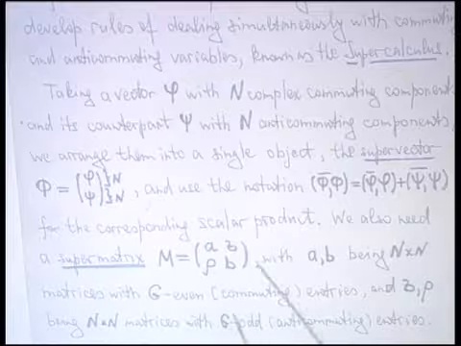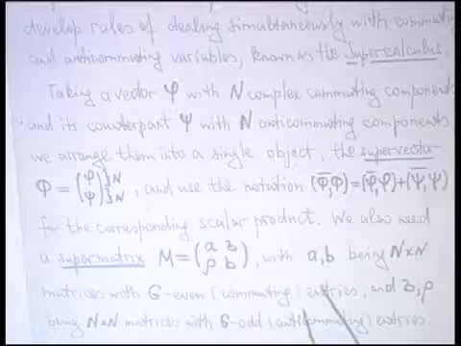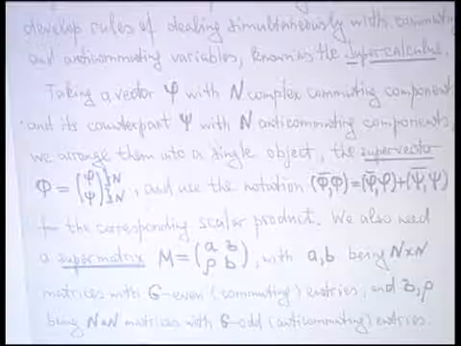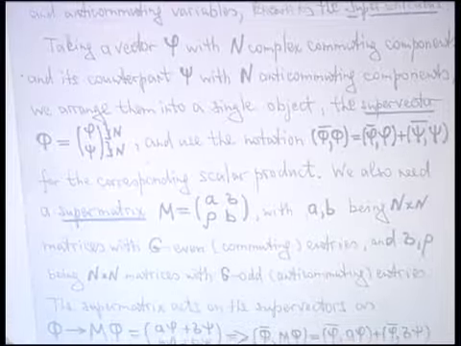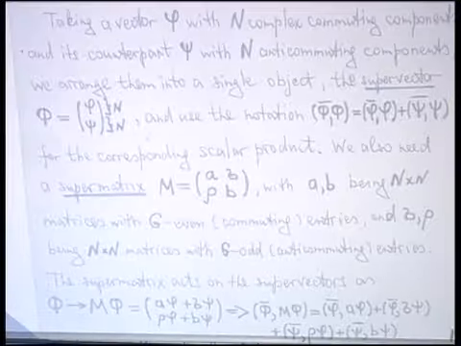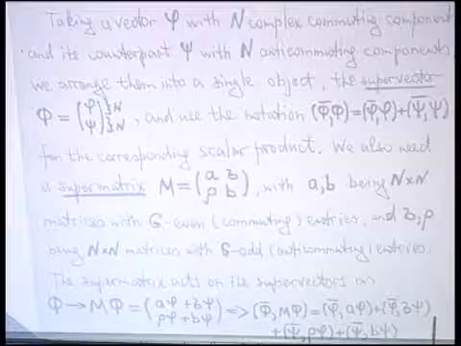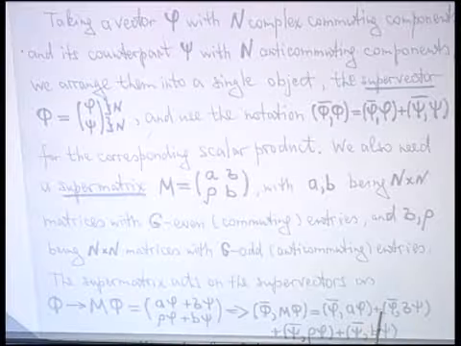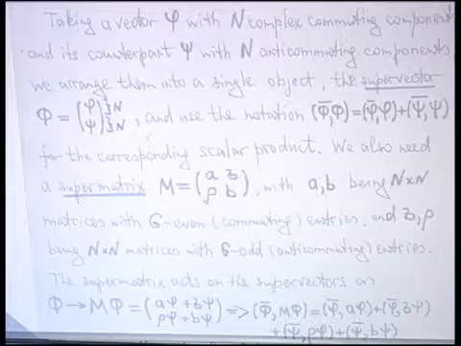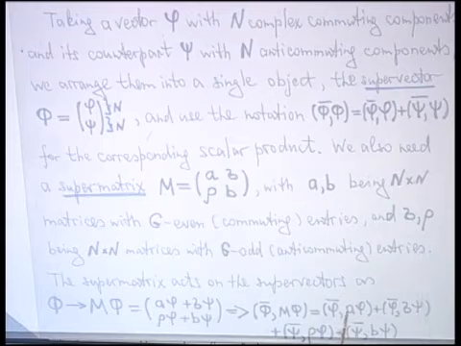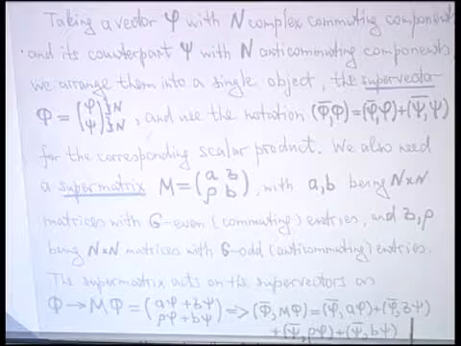It's natural that a supermatrix will have 4 blocks, and the diagonal blocks are entries which are G-even or commuting entries. In the particular case they can be just usual complex numbers, but in general they may have so-called nilpotent parts, made of products of an even number of various Grassmannians.